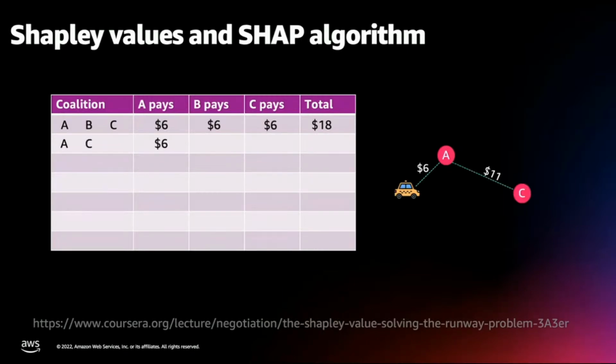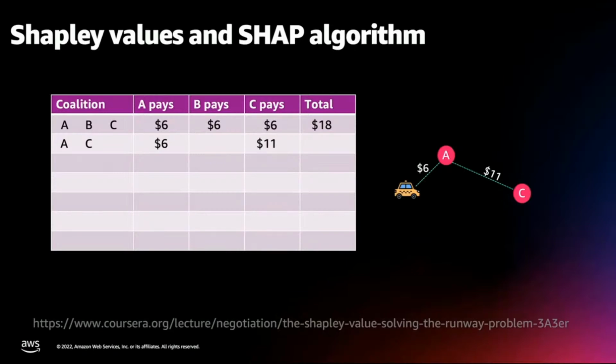Well, for that joint coalition of Alice and Carol, this is the actual optimal route. And we're assuming here that, again, the trip from Alice to Carol is going to cost $11. So together, they will pay $17. And since Alice has already committed to paying $6, Carol just needs to contribute the difference, which is $11. Okay, so far so good.